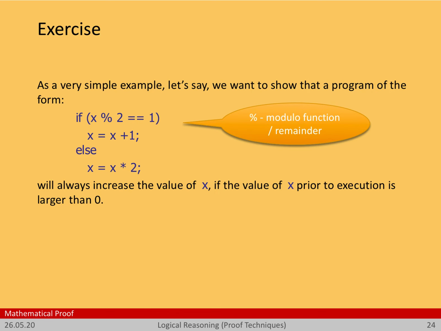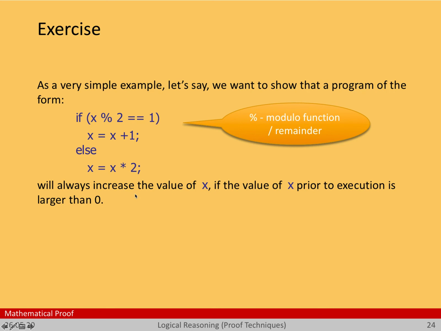But there is a remainder, and that is actually what this function is giving me. So if I do the remainder versus 2, then the remainder can only have the two values, 0 or 1. So that's what's happening here. So this actually means that this would be an odd number.